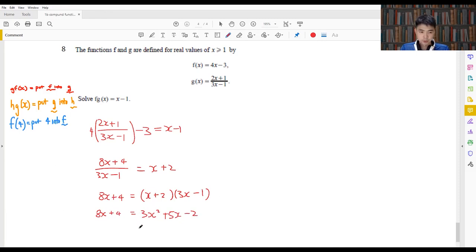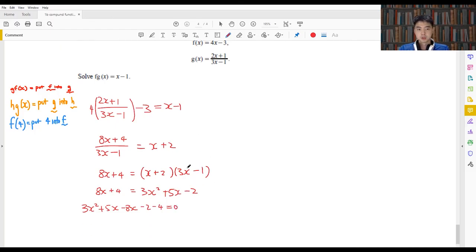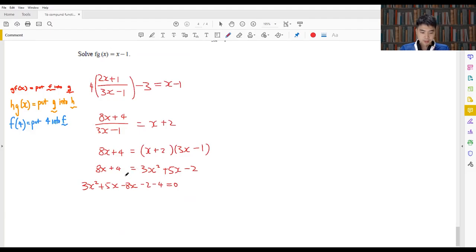Bring everything over so that the quadratic equation can equal 0. 3x squared plus 5x minus 8x minus 2 minus 4, okay, is equals to 0. Now, in this case here, since they did not ask us to give the exact values, we can type this into the calculator. And we would have gotten the values for x to be 2, or x would equal negative 1.